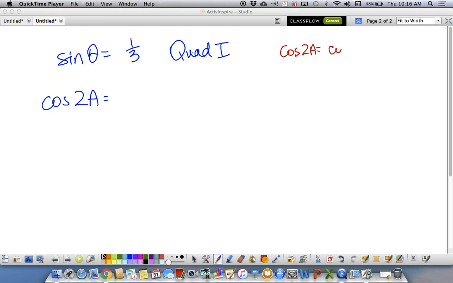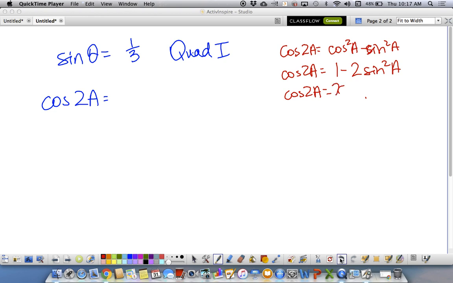Cosine 2a equals cosine squared minus sine squared. Cosine 2a also equals 1 minus 2 sine squared a. Cosine 2a also equals 2 cosine squared minus 1.